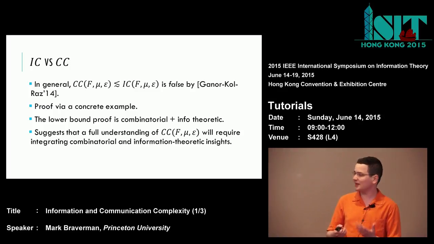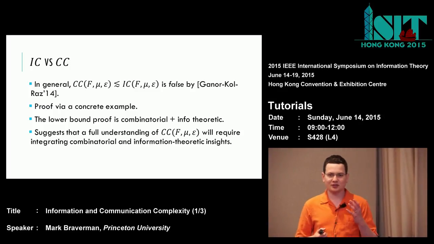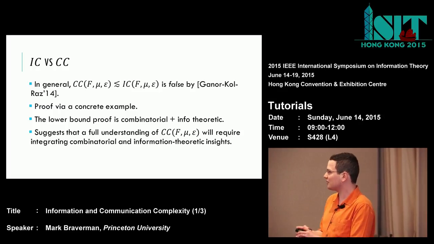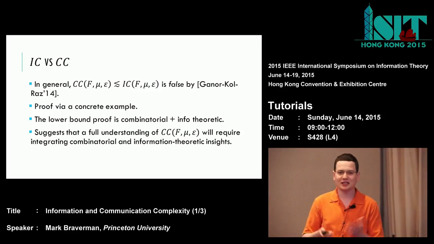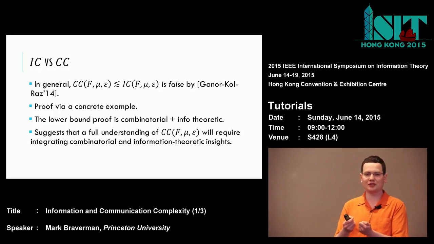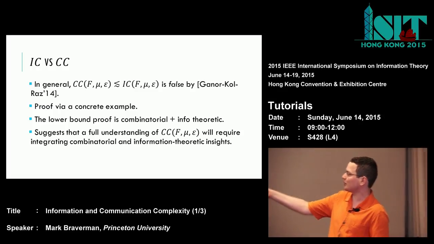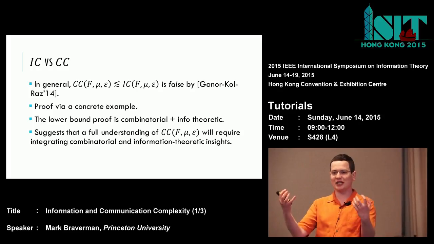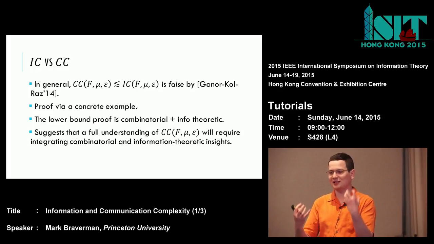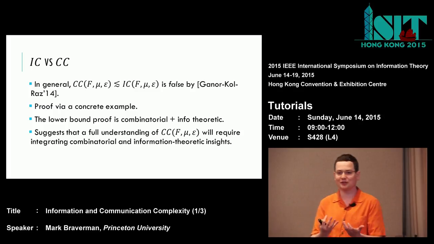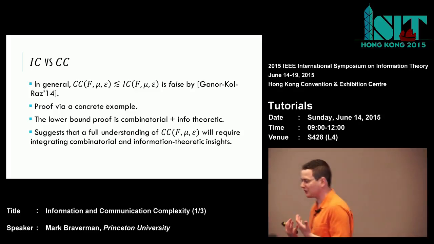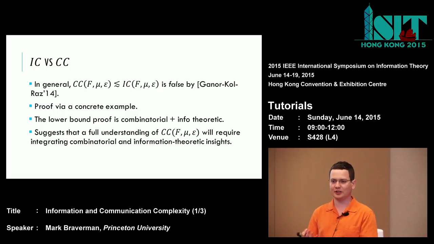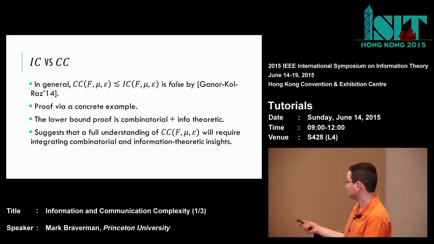In some sense, it suggests that you need both, because it's never going to be a precise statement, but if you had a purely information theoretic technique, it would also apply to IC, not just to CC. So once you've managed to separate the two, it means that some of your technique has to be combinatorial. And it means that in general, for interaction, we will need both kinds of techniques to fully understand interactive communication.